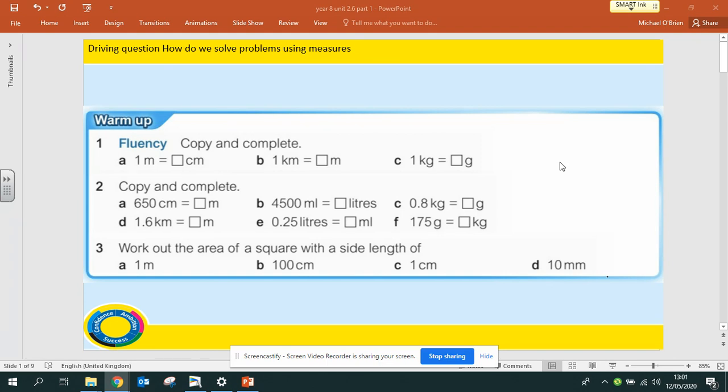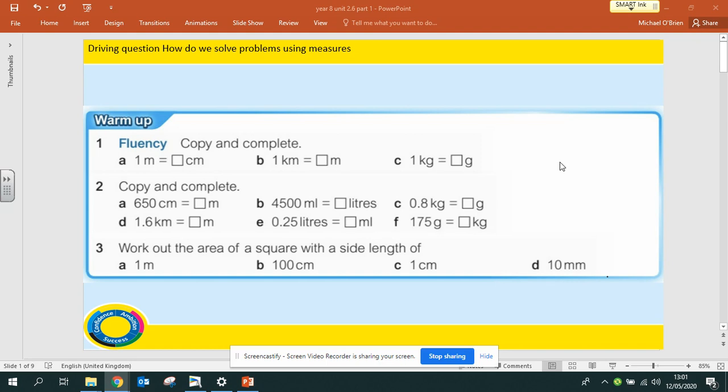The next one. There are, as we know, 100 centimeters in a meter, so 650 centimeters is 6.5 meters. There are 1,000 milliliters in a liter, so 4,500 milliliters is 4.5 liters.